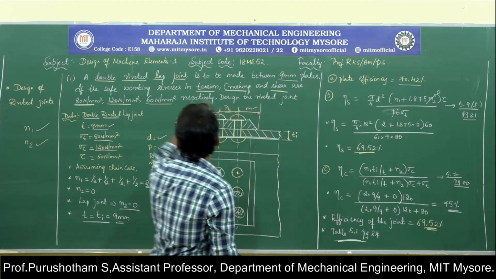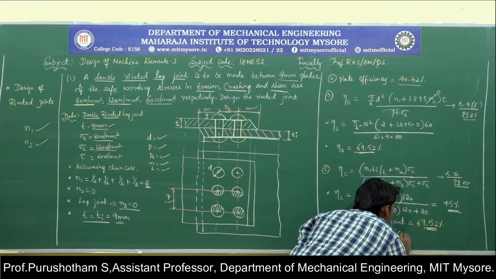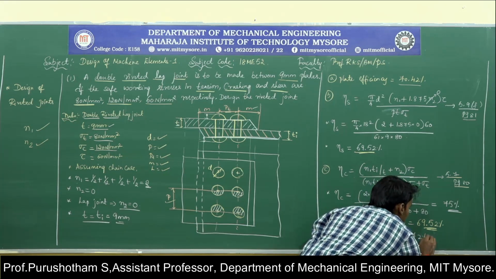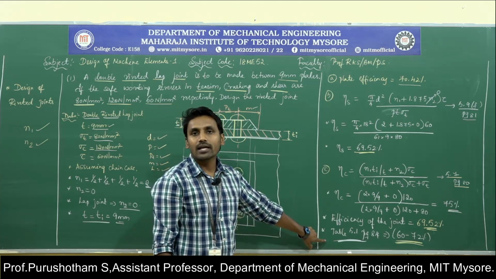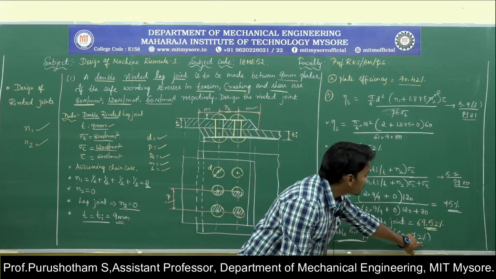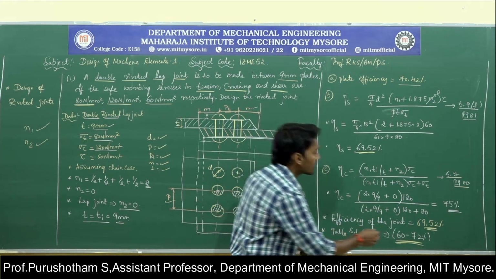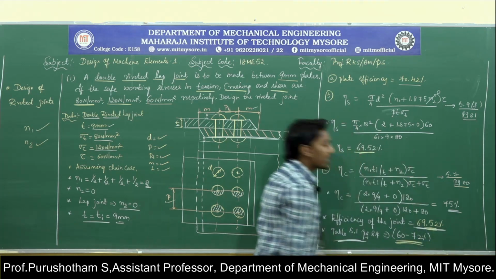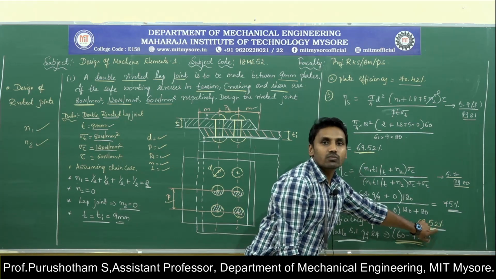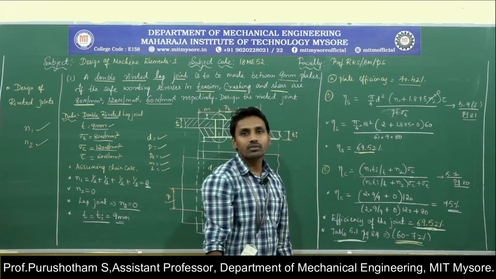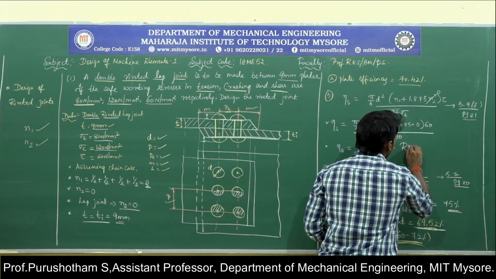Here the given case is a double riveted lap joint, for which they give 60 to 72% as the range of efficiency of the joint. From our calculation, the efficiency of the joint is 69.52, which lies within this range. Hence we can conclude that the designed riveted joint is safe.